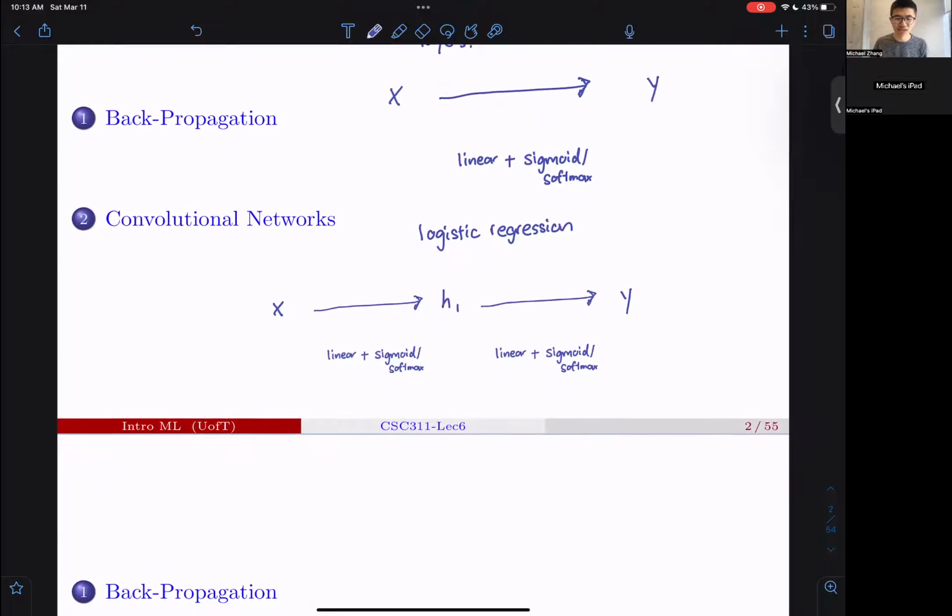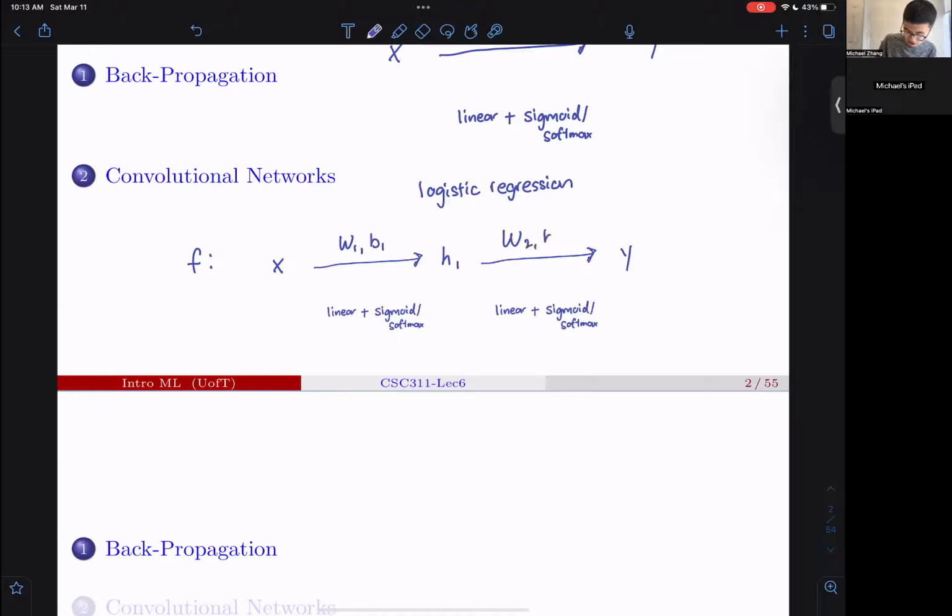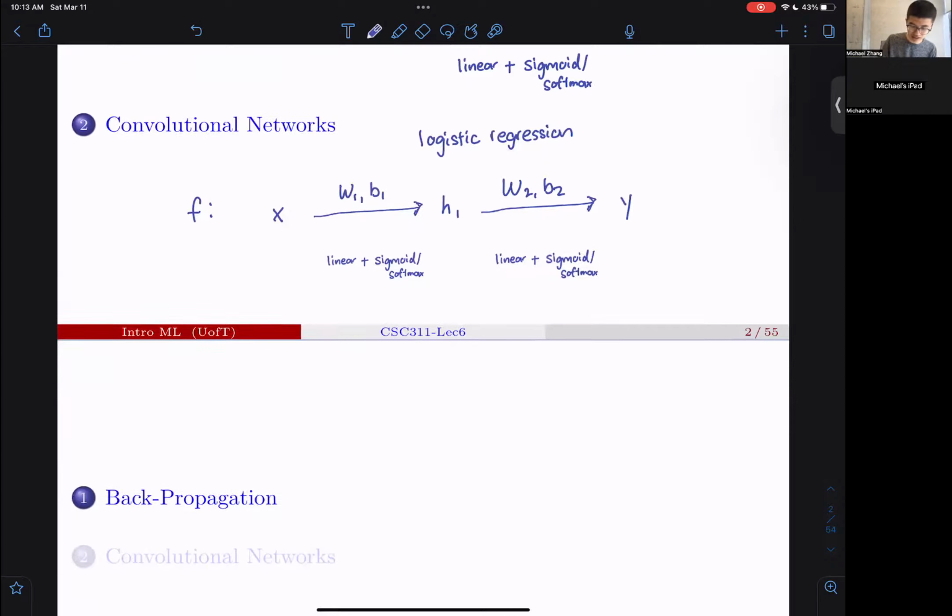So at a high level, what we're trying to do today is, in last lecture, we looked at this function f, which is composed of a bunch of weights and biases, W1, B1, W2, B2, and so on, depending on how many hidden layers you have. And we talked about the expressivity of f. Today, we're going to try to take gradients.